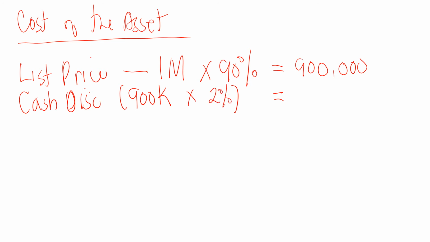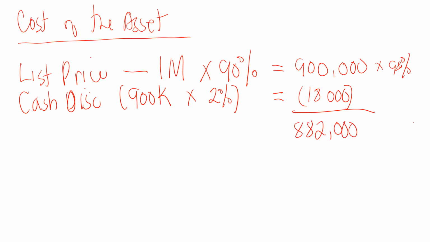So 900,000 times 0.02 will be 18,000. So take note, this should be deducted. Or if you want, this 900,000 should be multiplied by 98% to arrive at the same answer. So 900,000 minus 18,000 is 882,000.